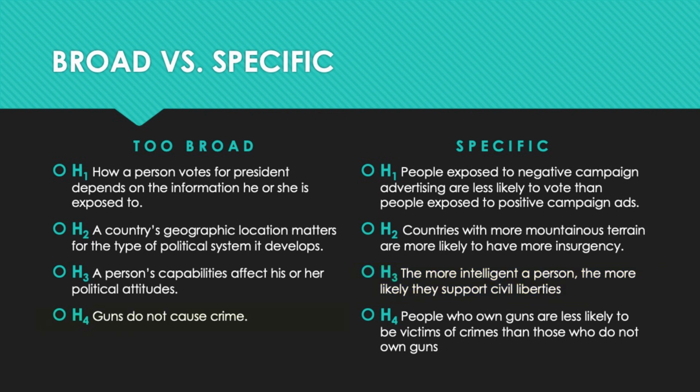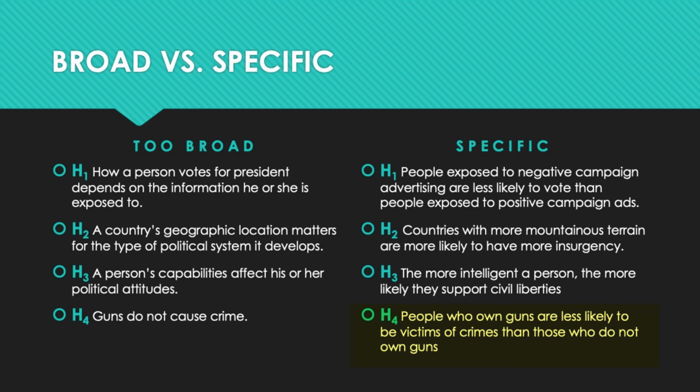Lastly, guns do not cause crime. First of all, that's absolutist, and it's not really testable, and it's written in a really terrible way. So what do we mean by crime, right? There's lots of issues with this hypothesis. So instead, what we might say is people who own guns are less likely to be victims of crimes than those who do not own guns, right?